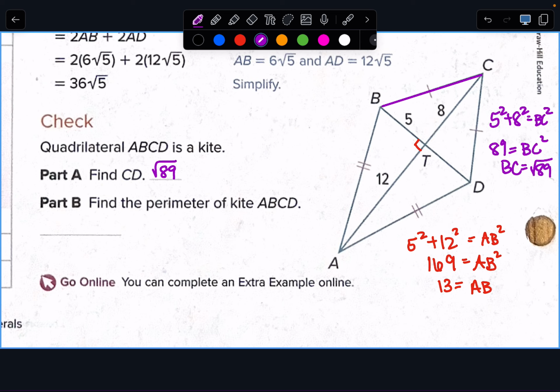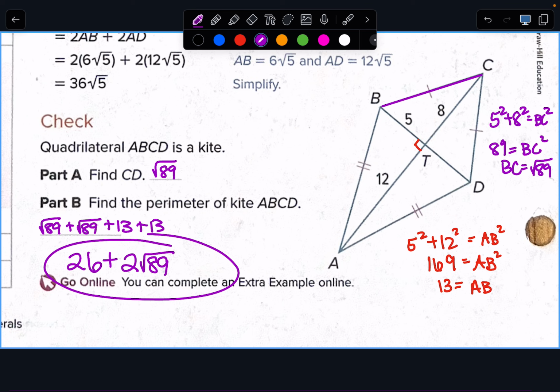Now, if we want to find the perimeter, we have the square root of 89 plus the square root of 89 plus 13 plus 13. You cannot combine all of those together. What you're going to do is say 13 plus 13 is 26. Square root of 89 plus square root of 89 is 2 square root of 89. And you're just going to leave your answer like that.